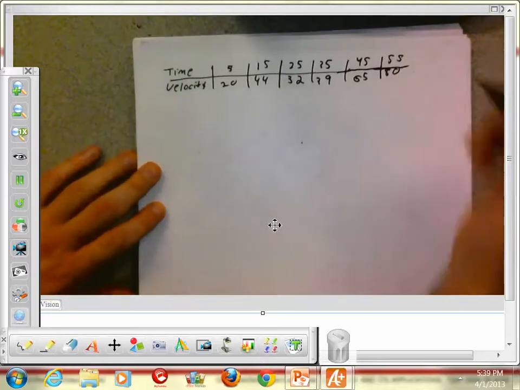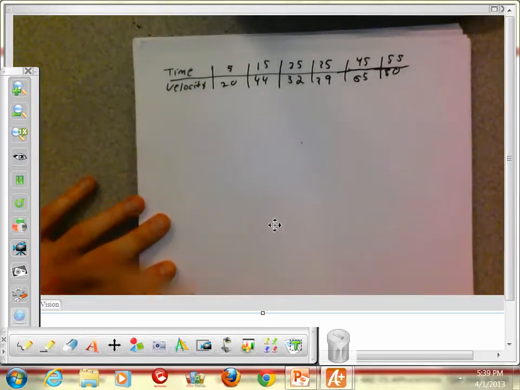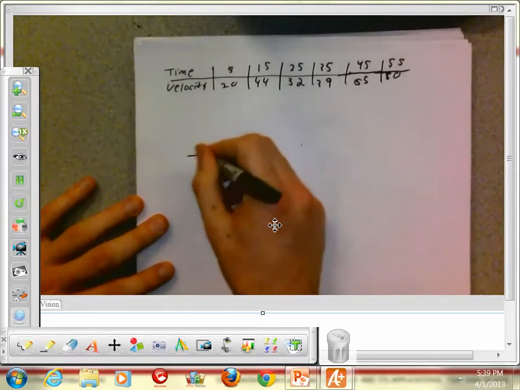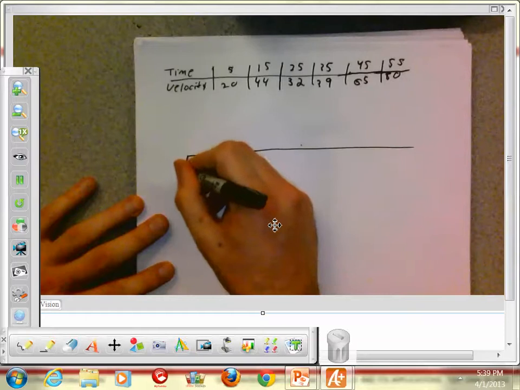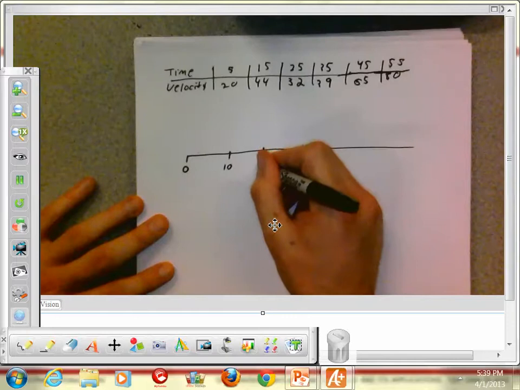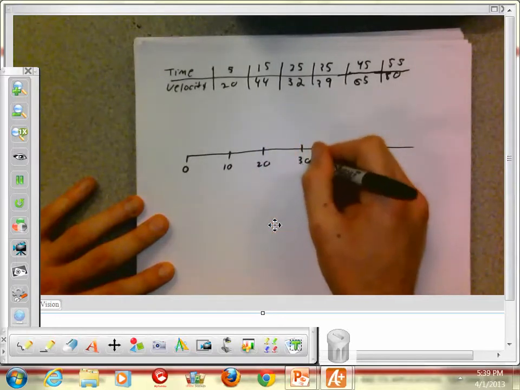Okay? Now, what we're going to do here, just to get an idea of what's going on, is just do this on a number line. So the initial time, we're spacing them by 10, so it's 0. Then we have 10. Then we have 20. Then we have 30.